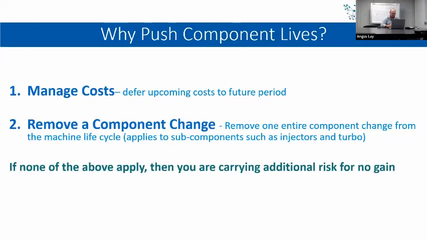I'll give you broad details, but a set of injectors was worth around $70,000, and the OEM interval was 8,000 hours. By pushing those injectors out to 12,000 hours, we effectively removed a set of injectors from the life cycle of that particular engine. And on a fleet of 10 trucks, it quickly adds up to $700,000 in savings. That's just in pushing a set of injectors on each engine.